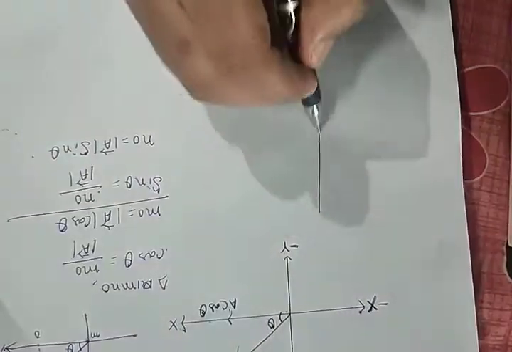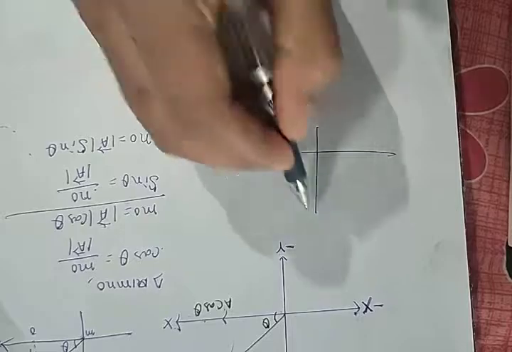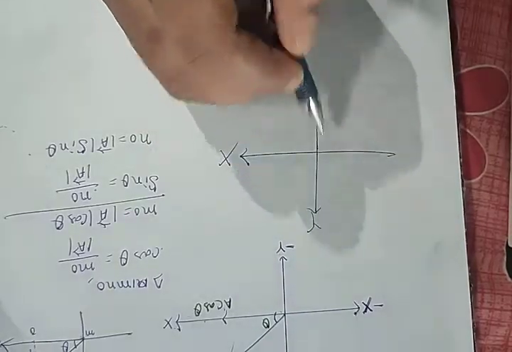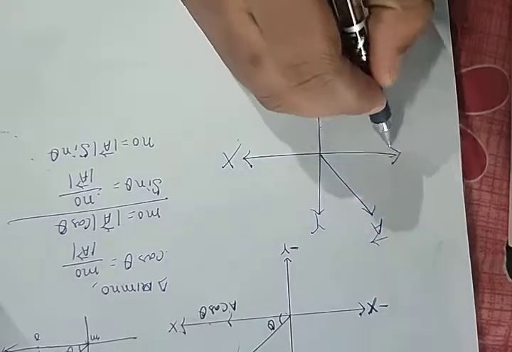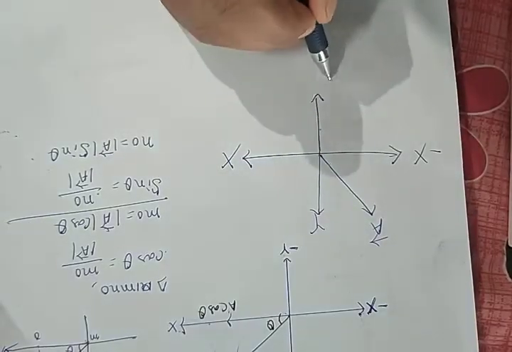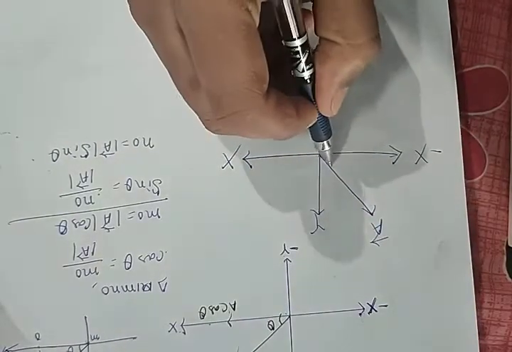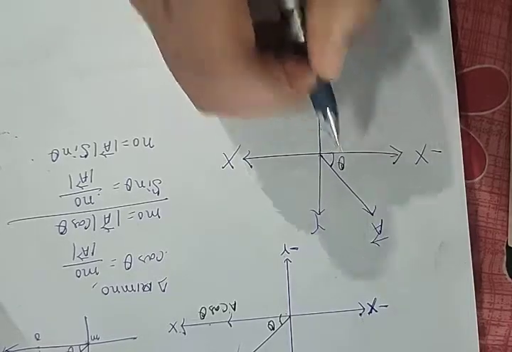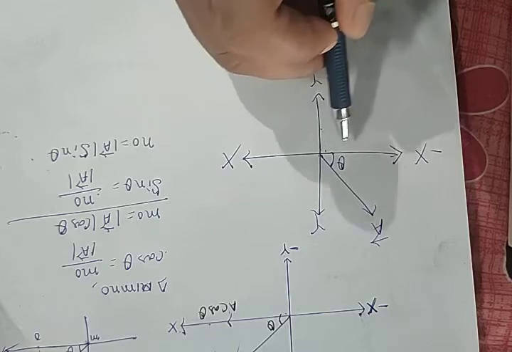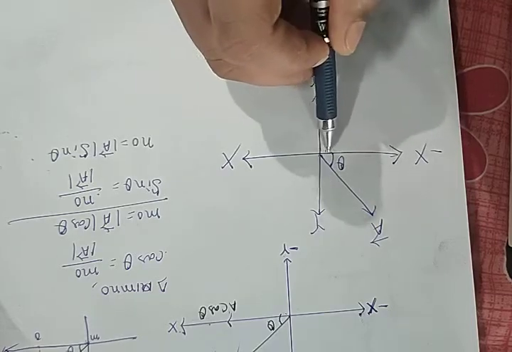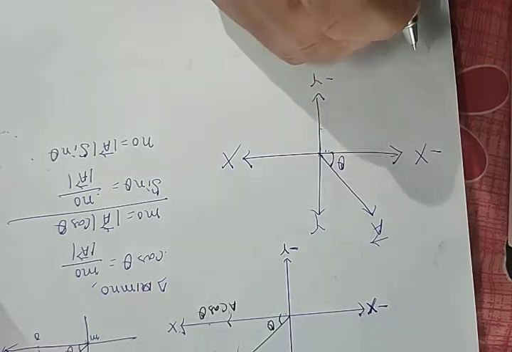Suppose this is your x-axis, this is your y-axis, and this is your vector A. Suppose this is your minus x-axis and this is your minus y-axis, and this is your angle theta. So always remember that the axis which is adjacent to your angle theta is always your cos component.